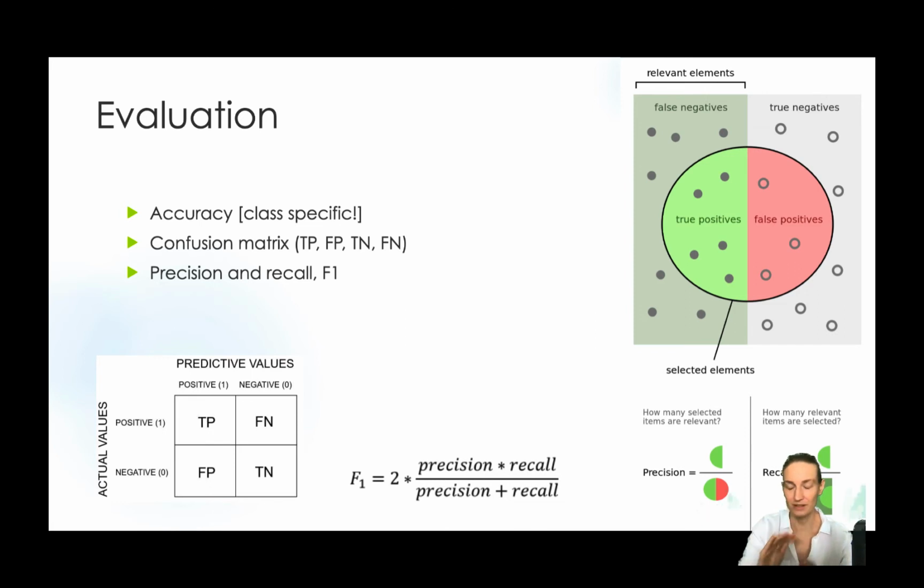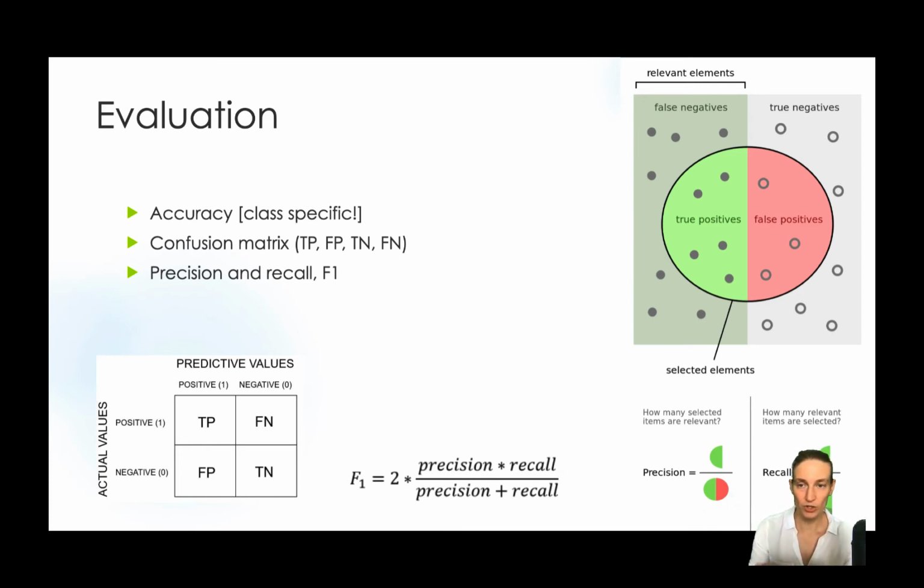Wait, sorry. What if we predict that the song is always a non-hit? I put it the other way around. In this case, we predict always non-hits, and in our data set, we only have 10% hits. That means the model will have 90% accuracy.